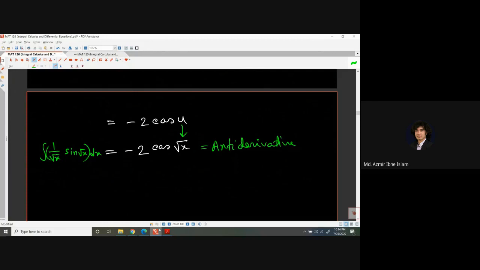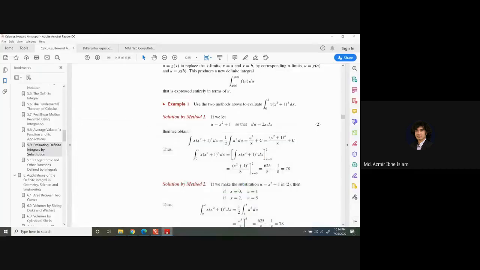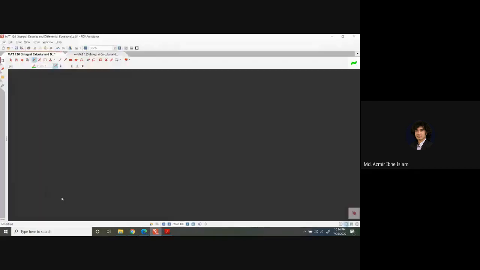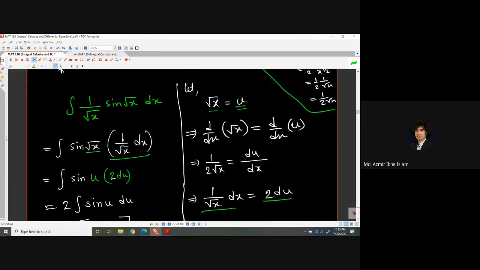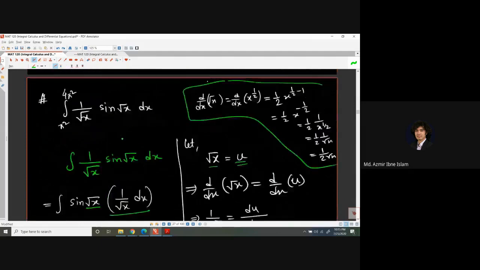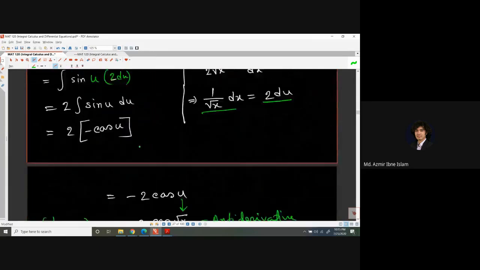Now, in your question, you have the lower limit and upper limit. The lower limit is pi squared, the upper limit is 4 pi squared. So this will finally give us a finite value, that is the area. Let's think about this lower limit pi squared and 4 pi squared.